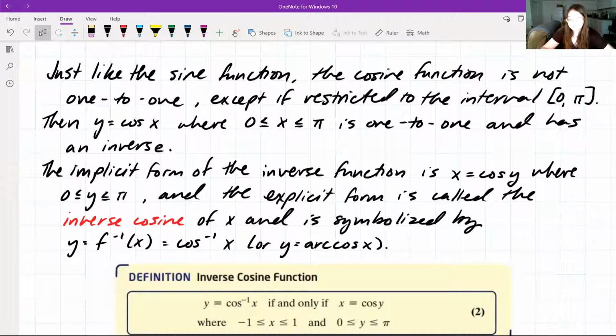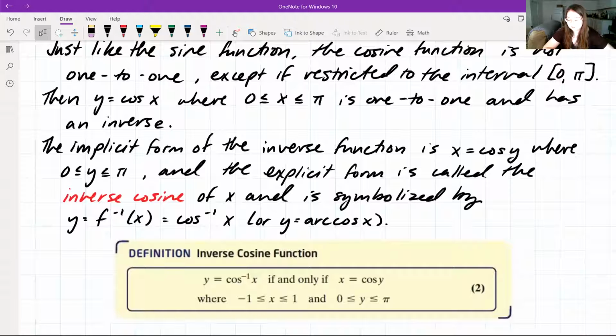And then the explicit form, which we call the inverse cosine of x, is symbolized by y is equal to f inverse of x, which is equal to cosine inverse of x, which we can also see called y is equal to arc cosine. You almost always see it as cosine inverse of x instead of arc cosine, but it can come up every once in a while, and just know that those two are the same thing.